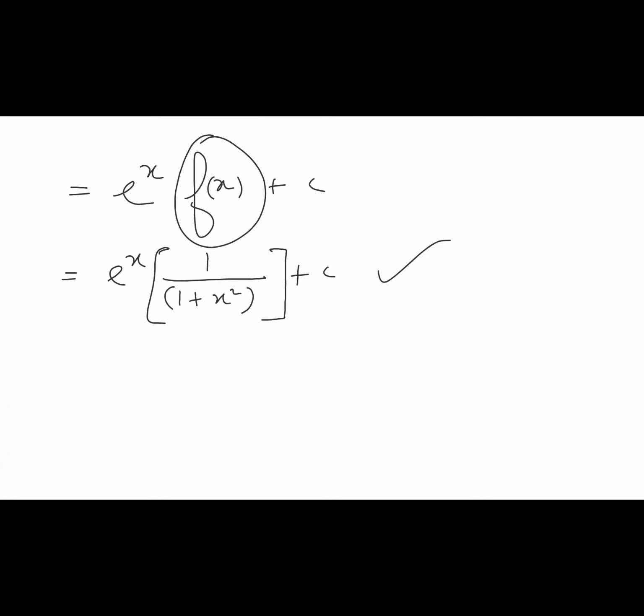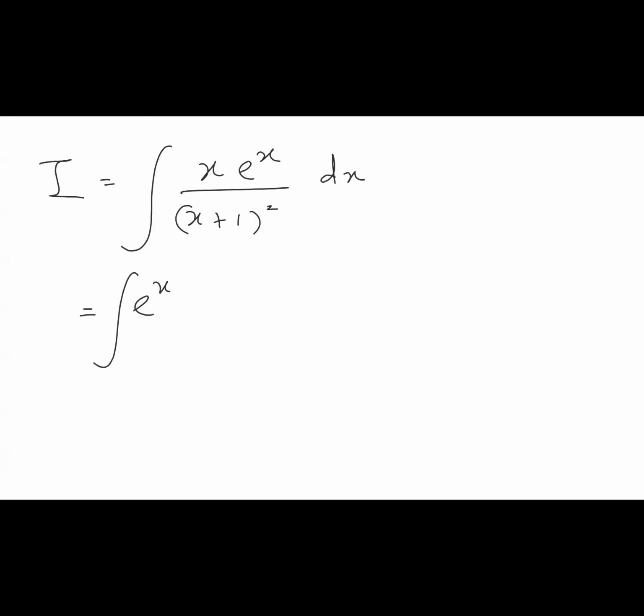So next, let's take one more example. Integral of e raised to x into x upon x plus 1 the whole square dx. See, now this time we'll make the numerator as x plus 1.